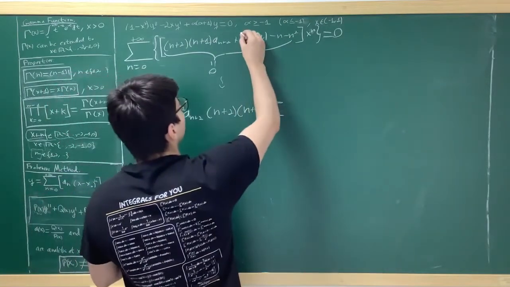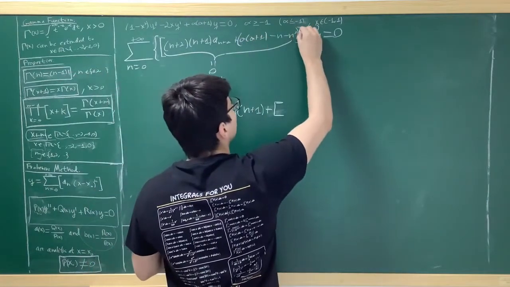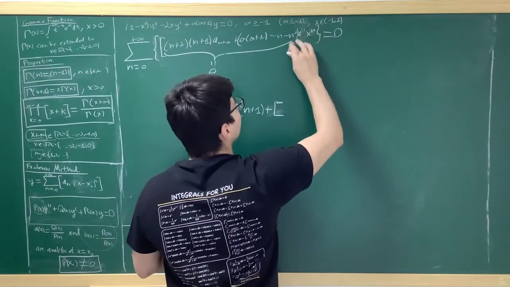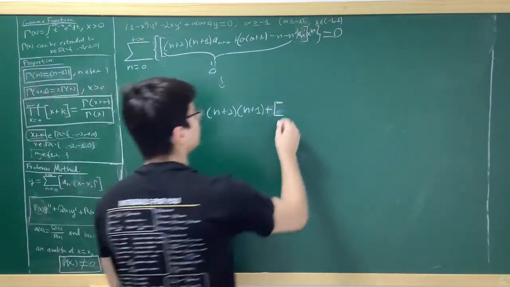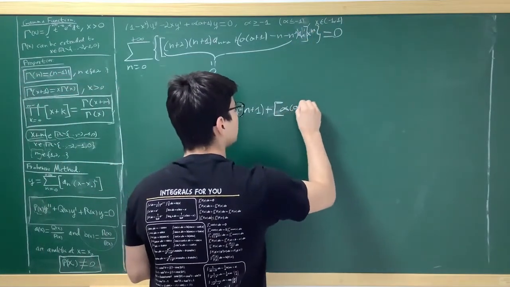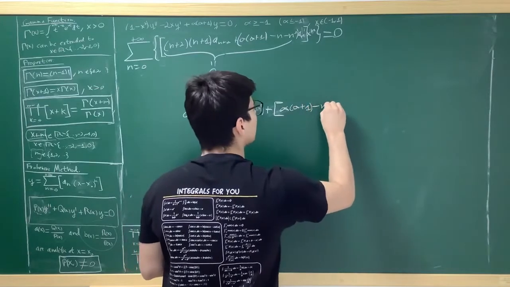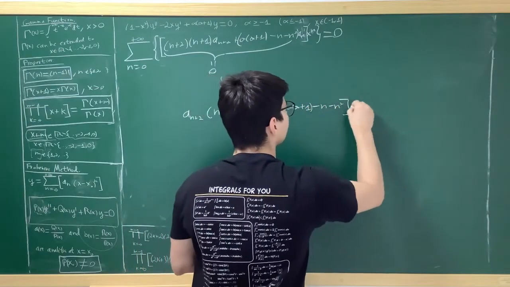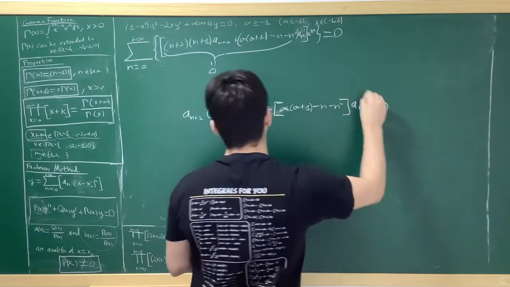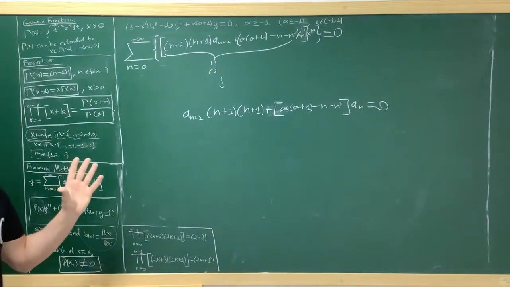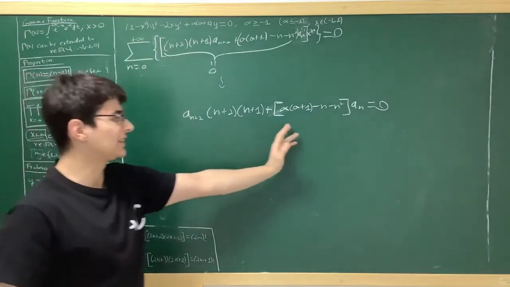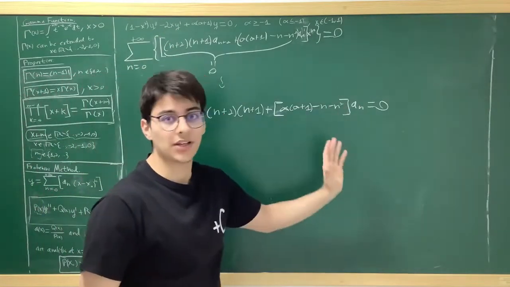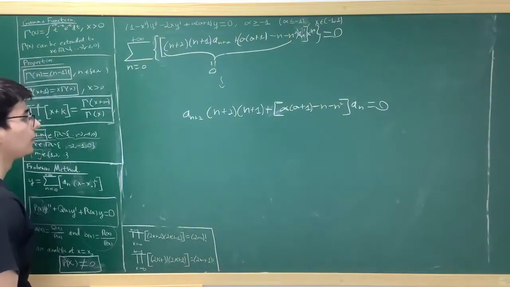Oh, sorry, I meant to write a_n right here. Right, a_n. That of this, (alpha squared plus alpha minus n squared) times a_n equals 0. This has to hold. So we have reduced this differential equation to finding this recurrence relation, solving this recurrence relation.